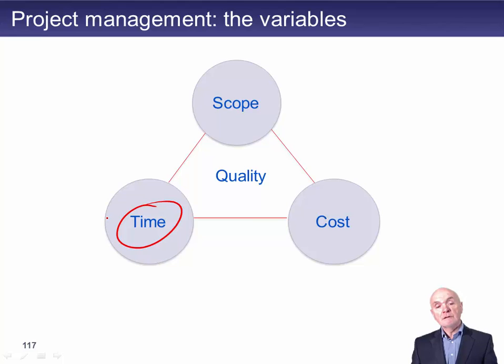Another way you could do it is maybe to say, right, you can have the basic pay working for the 1st of January, but you can't have certain other reports being produced. So what's affected is the scope is limited a little bit. Or maybe what you do is to say, to hit those time deadlines, I won't do as much testing of the software. Of course, I don't recommend that.